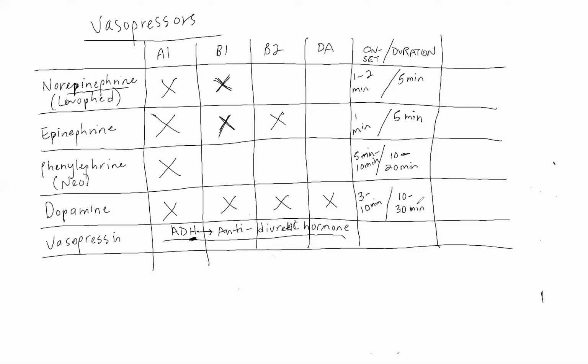I include it because it used to be the first line drug. It is still the first line vasopressor in many areas of the world and many areas of the country and even many areas of the state. So dopamine has a couple benefits that the other vasopressors do not have, one of which is that it is cheap. It is much cheaper. The next benefit is that it is stable on the shelf.